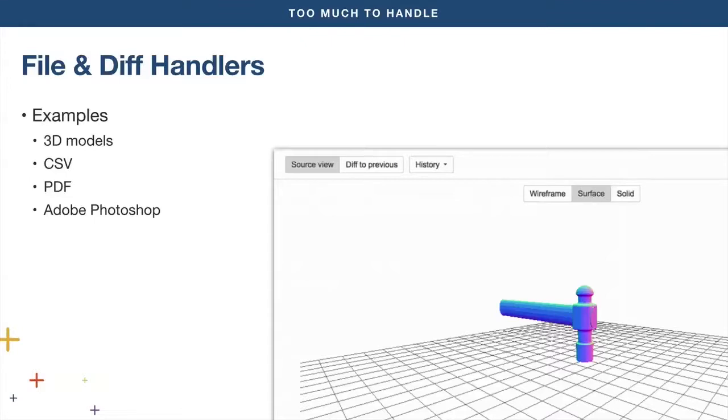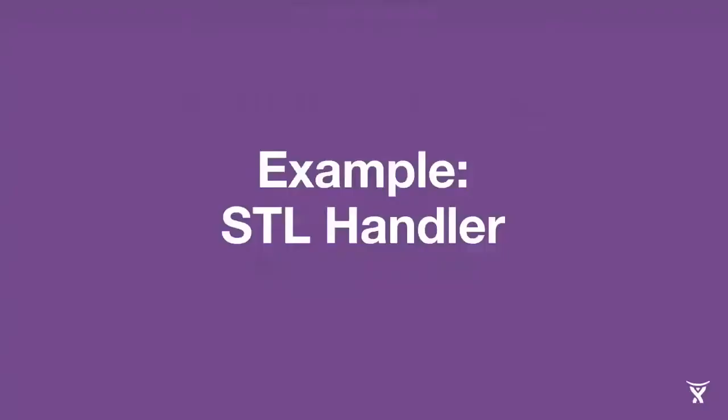And then things like PDF or Photoshop, you could render them and make Stash accessible to different types of users. So the concrete example I'm going to take you through today is the STL handler. Now, STL is a file format for 3D model rendering, and we've implemented it for the source view. So we're not doing diff, we're just doing the source of the file.